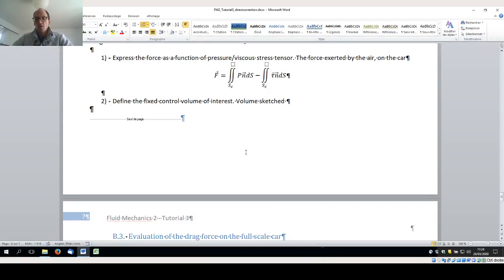So the volume sketched in figure 4 is made of the following surfaces.